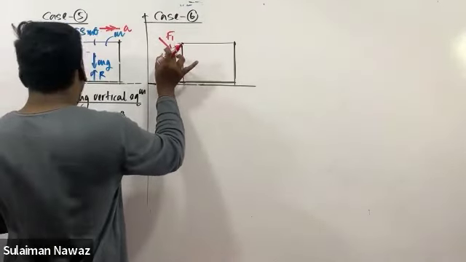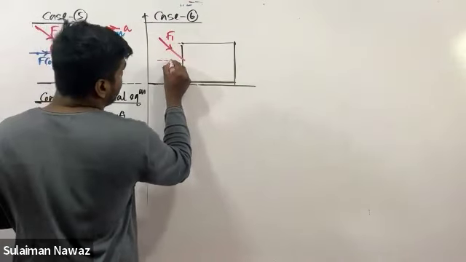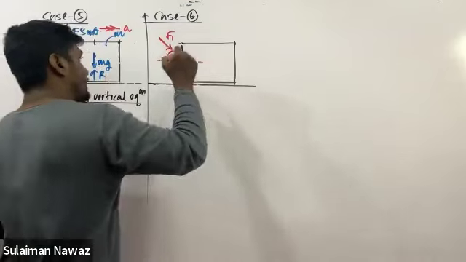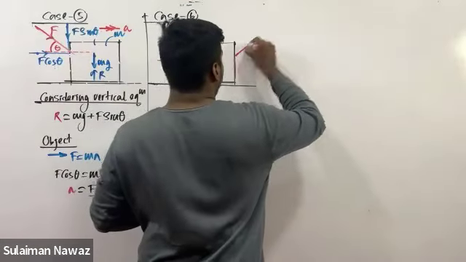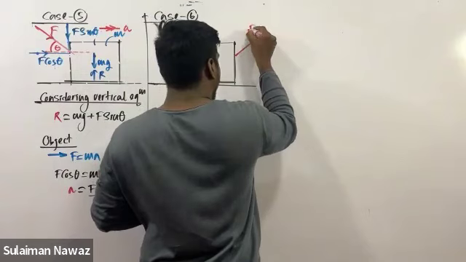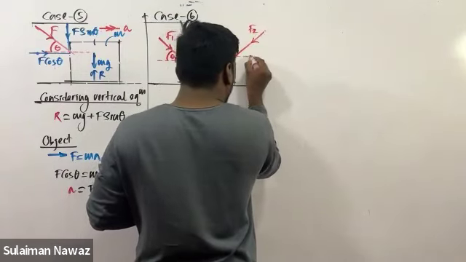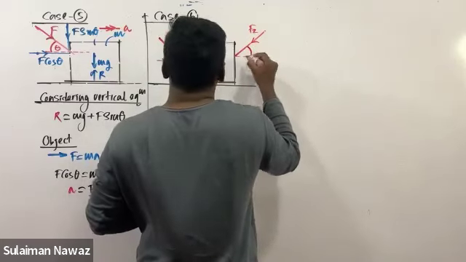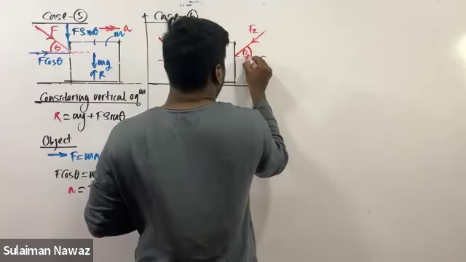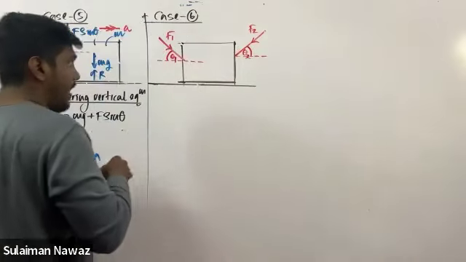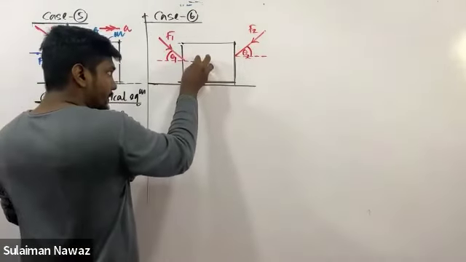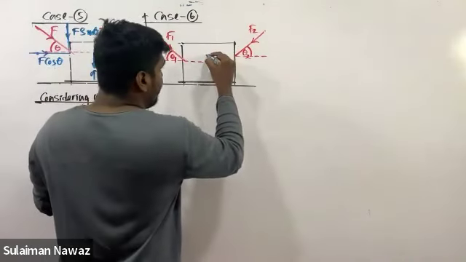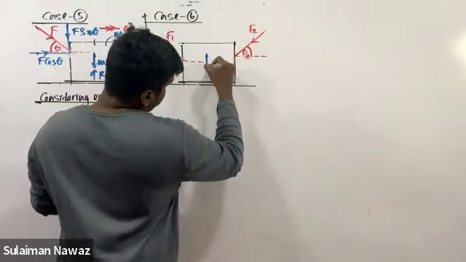Angle of inclination to the horizontal, I say theta 1. This external force F2. Angle of inclination to the horizontal, theta 2. If I mark other forces, weight of this object, simply mg downwards.